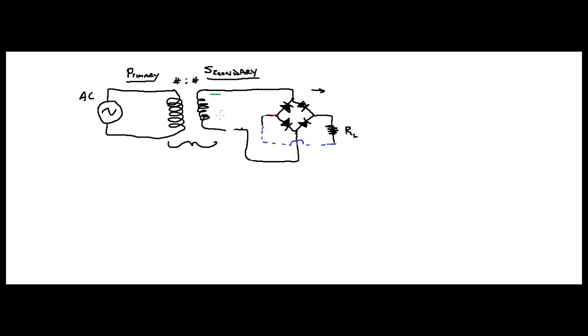Suppose this is negative and this is positive. So at this instant in time, these two wires are going to have a potential as shown here. So let's think about it. What does this mean? Well, we usually go from plus to minus, don't we? Let's just follow it. Come down here, come down here.